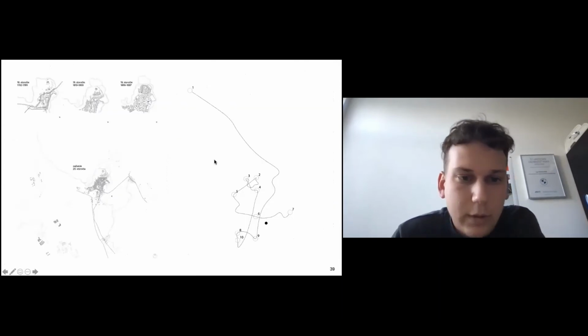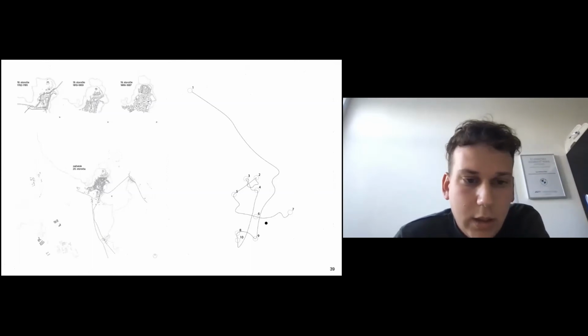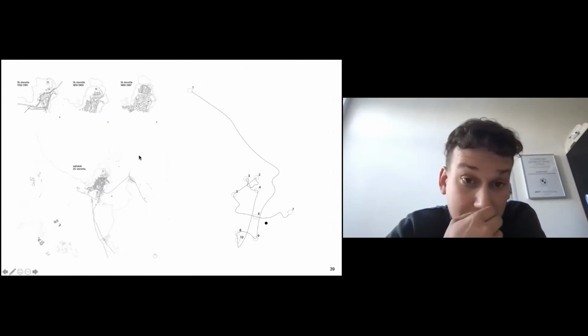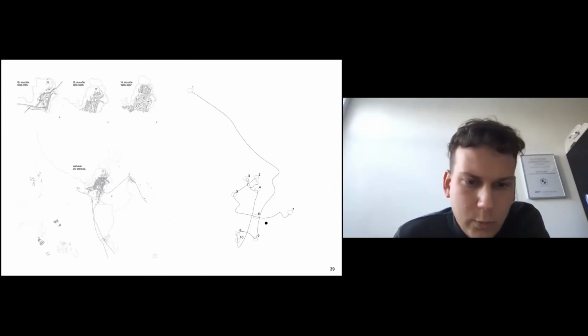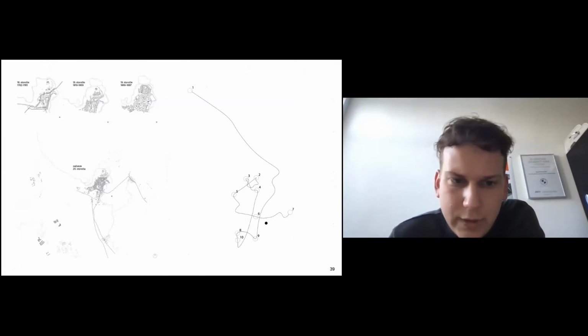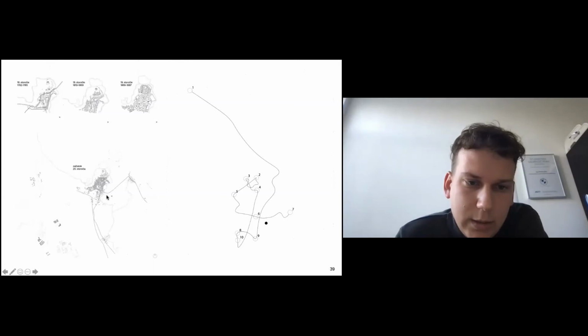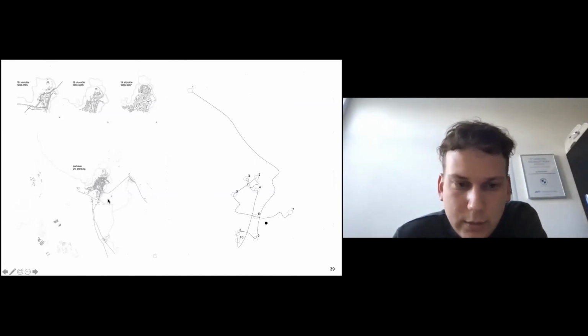Here we were doing the historical analysis. Here I will just mention that during the urban development of the city, the right side next to the river was fully undeveloped.